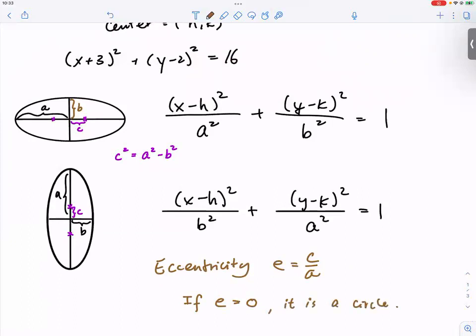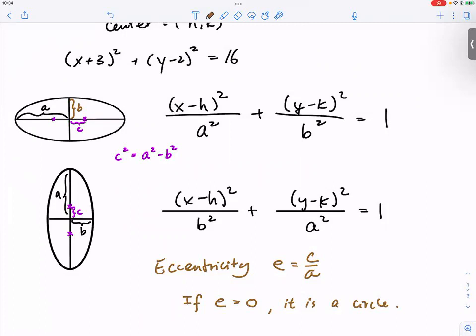Okay, so the answer is right there. If E is equal to 0, it's a circle. Okay, and E could be as great as 1. If it's 1, that means it's a really long stretched ellipse. So if you somehow get an eccentricity bigger than 1, then you know something is way off.